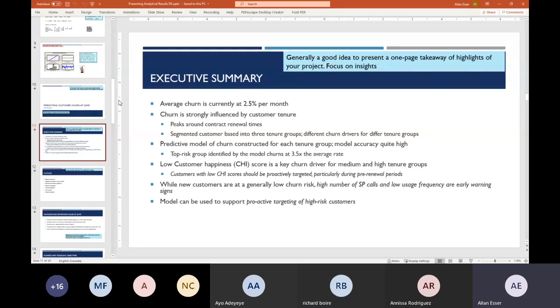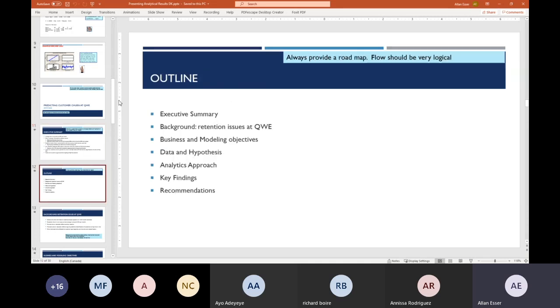So, a suggestion of good practice is: tell them what you're going to say. Get right to the punchline in your opening slide: what we looked at, what the problem was, what the key recommendations are, and then go back and build on that.